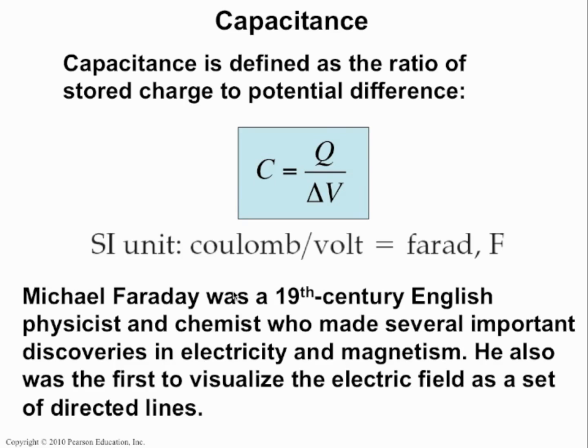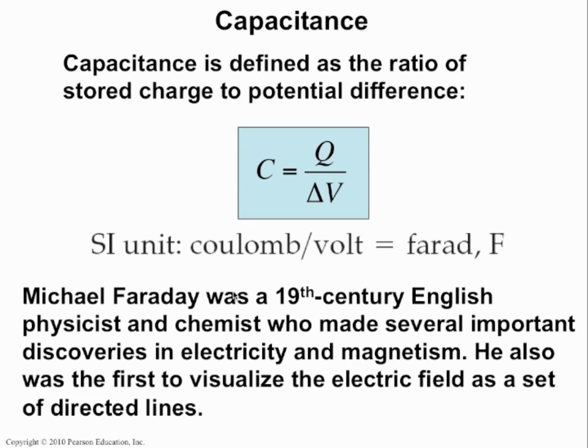Now, the farad is named after Michael Faraday. He was a 19th century English physicist and chemist who made several important discoveries in electricity and magnetism. He also was the first to visualize the electric field as a set of directed lines. So this whole thing about drawing field lines, and the fact that they're drawn from positive to negative, started with Faraday.